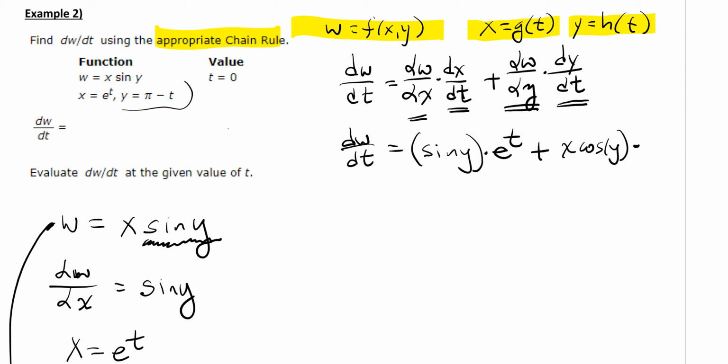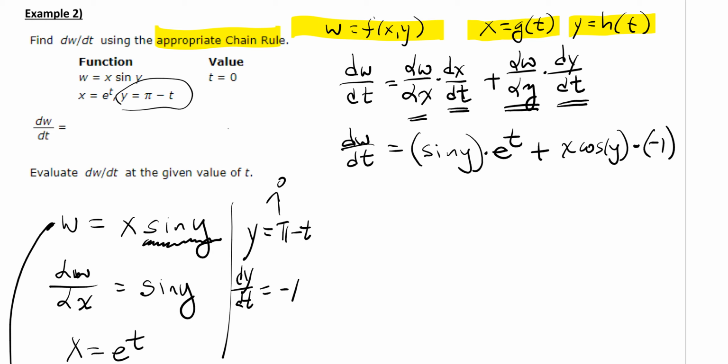And y is pi minus t. So dy dt, derivative of pi, of course, is 0. Dy dt is -1 times -1.